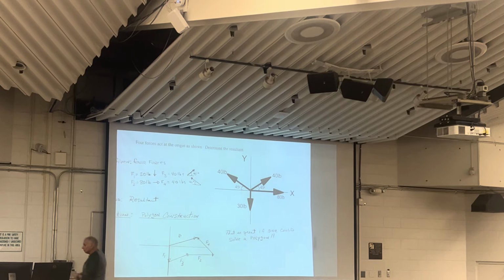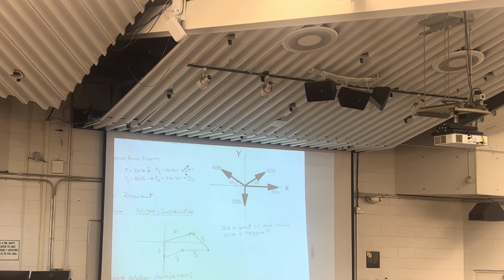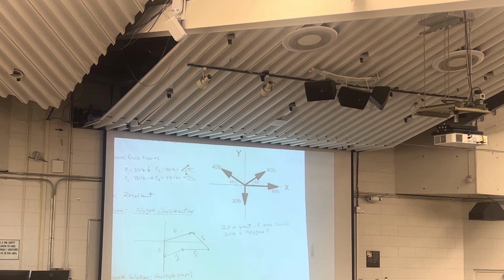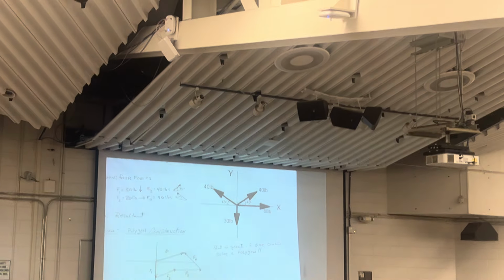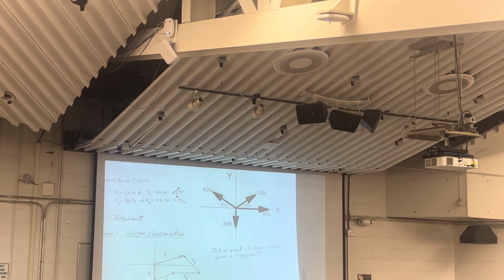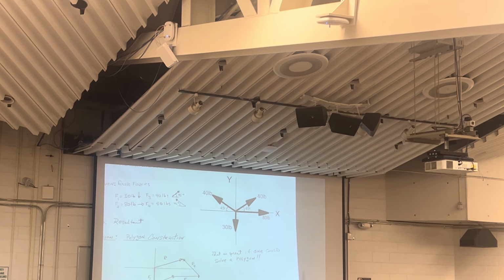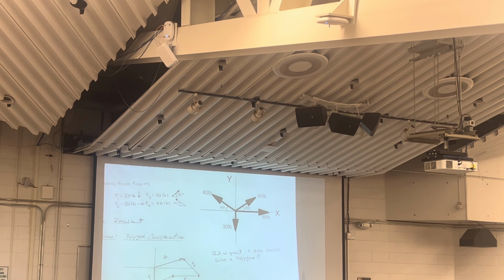So here's my solution to this problem. I'm going to take the 80, the horizontal. To that, I'm going to add the 40. Notice 45 here, 45 there. And from the tail of the first to the head of the last, I'm going to write R1.